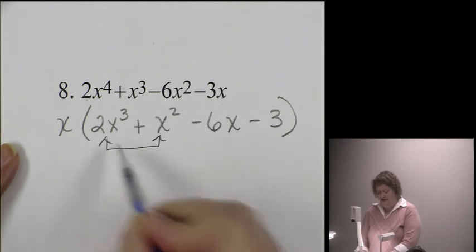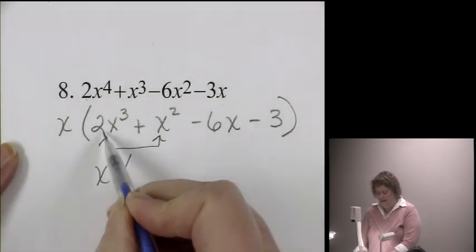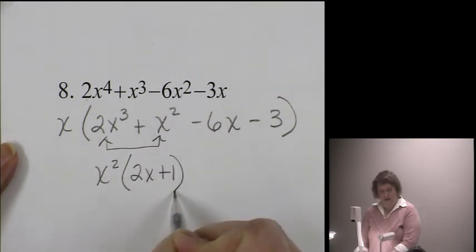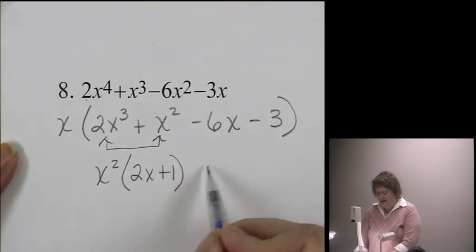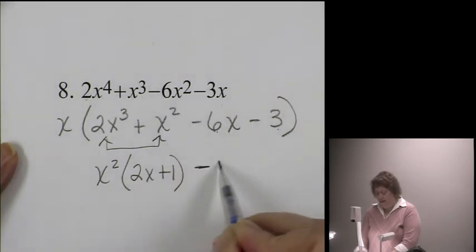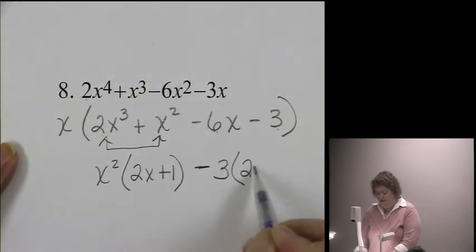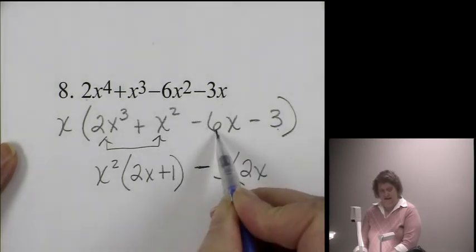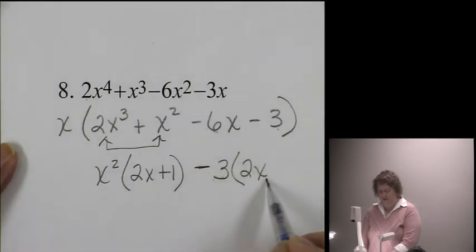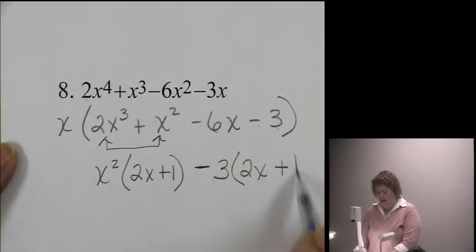Then the common factor to the first two terms is the x squared. Leaves me 2x plus 1. Bring down that minus sign. The common factor to 6 and 3 would be 3. Remember that that's going to change that to a positive 2x. 3 goes into 6 2 times. A negative divided by a negative gives me a positive, and a negative divided by a negative gives me a positive 1.